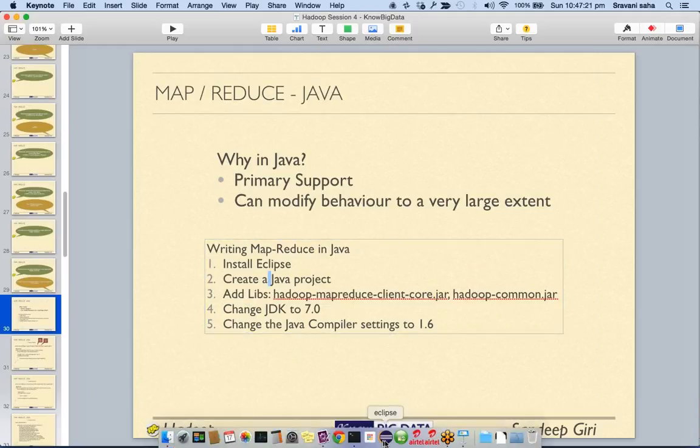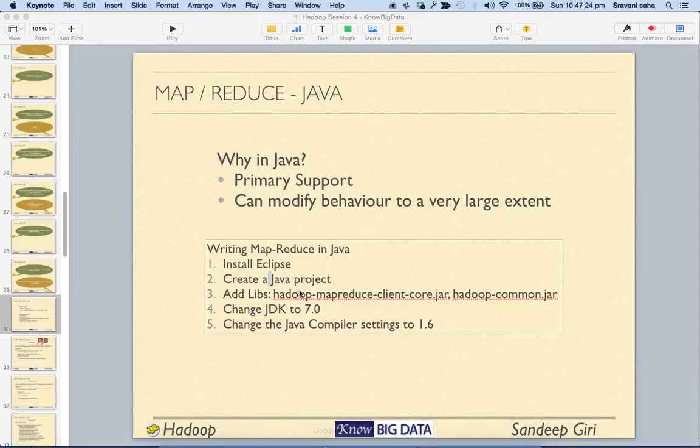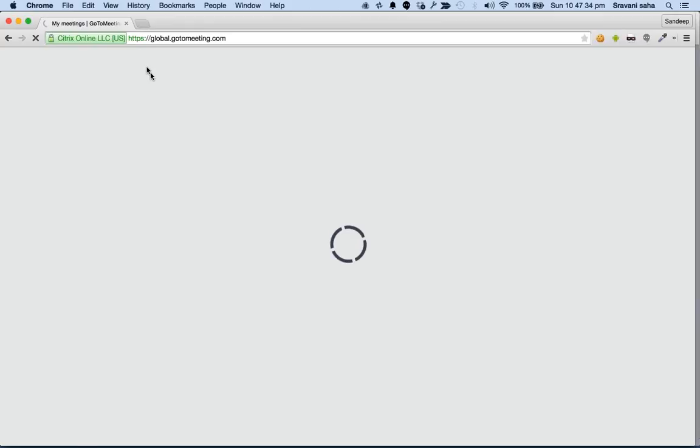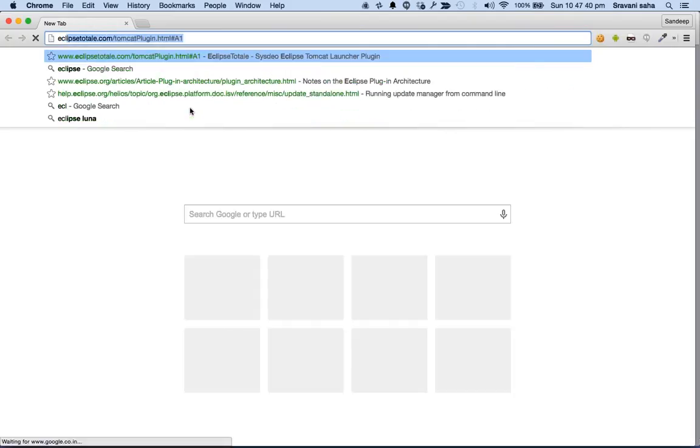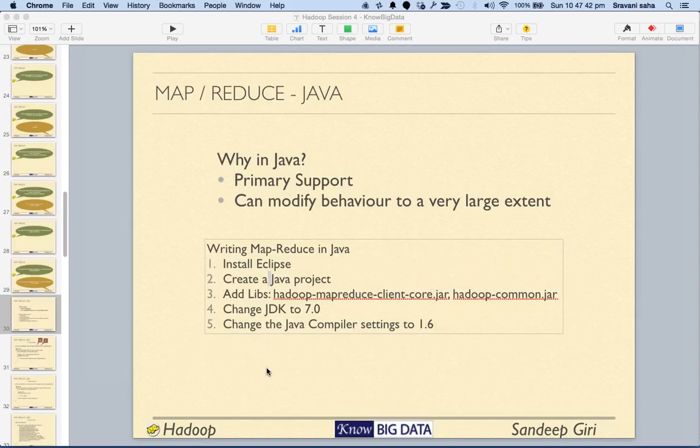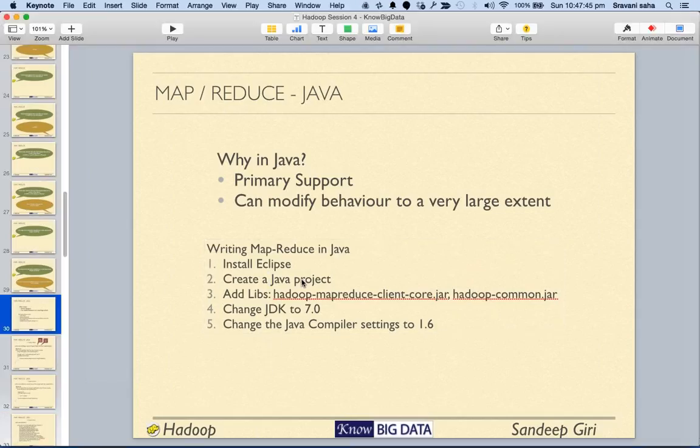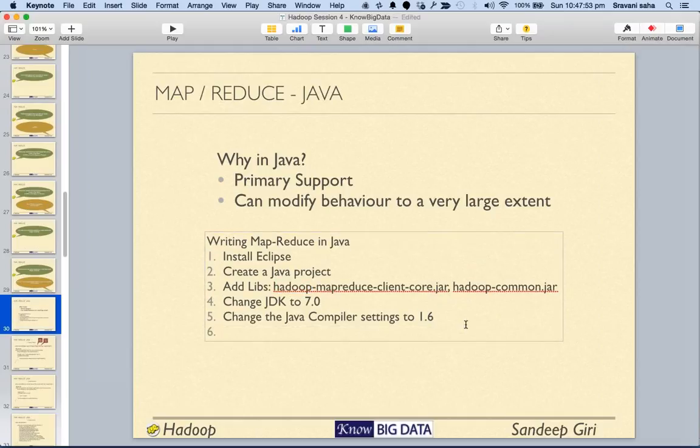If you have never installed Eclipse before, you can go to eclipse.org and download any Eclipse version, and then create a Java project, and then add all the libraries provided. An easier thing would be to import the project provided.